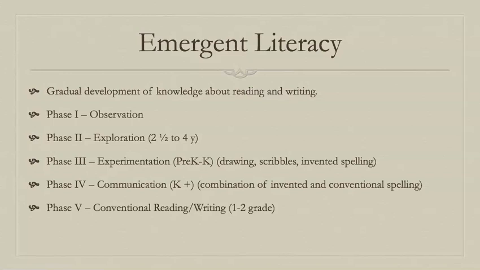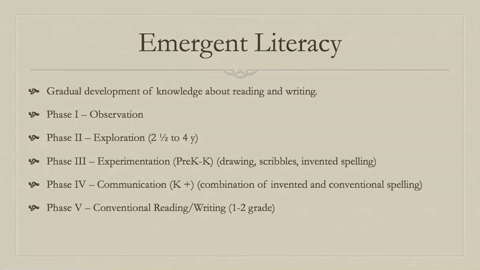So depending on who you're observing, you're going to see some of these phases occur earlier or later. The first phase is observation, when the child is observing others write and read and wondering and being curious about it, but not really engaging in writing and reading him or herself yet.